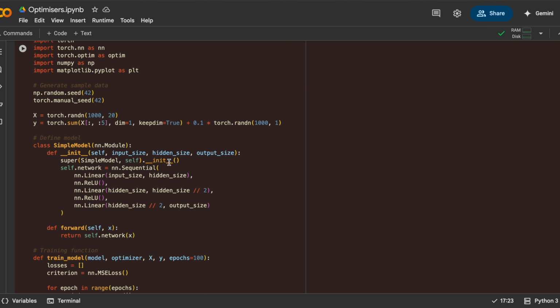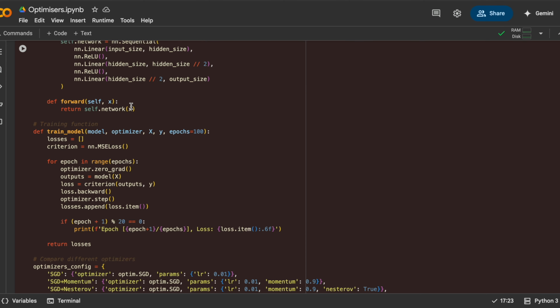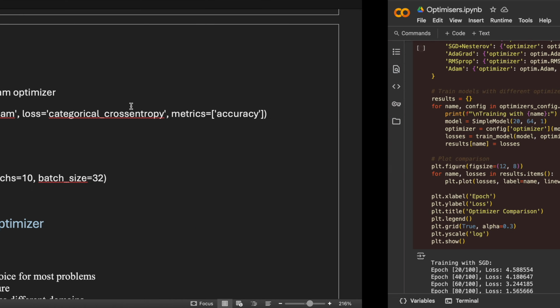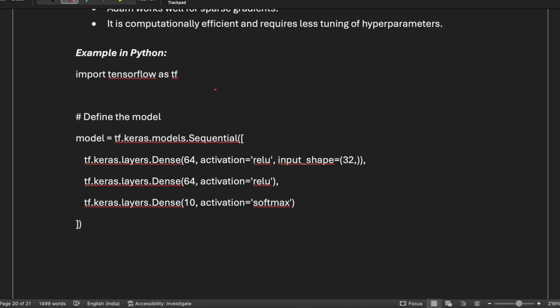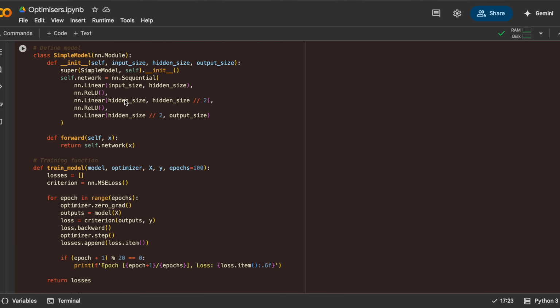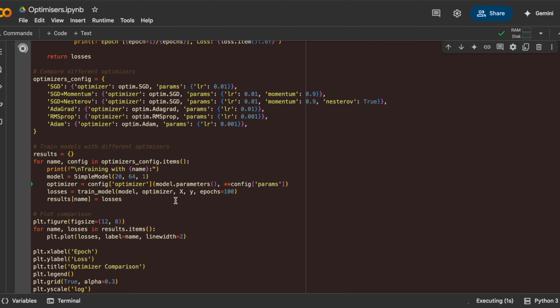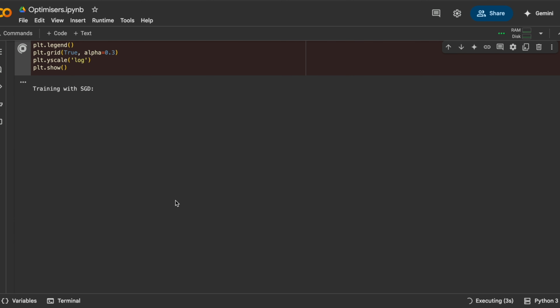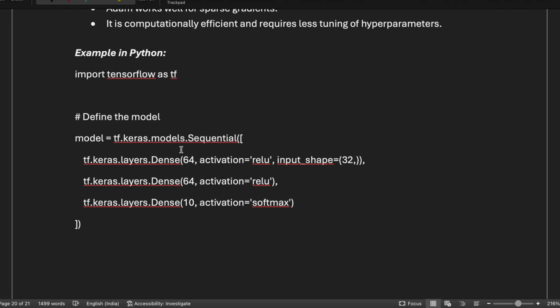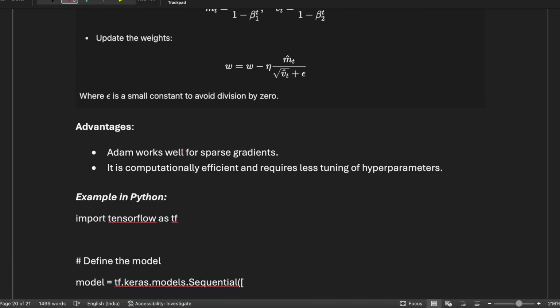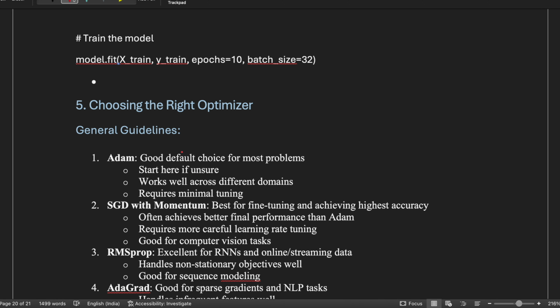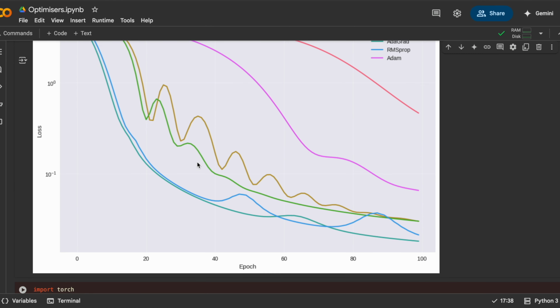So we just try to make a simple model. This script is Python based, in TensorFlow, and this one is PyTorch. We will be looking at more of it in the future. If I try to run it, it's running. Adam we have also covered, and I am trying to run and show the comparison between them.